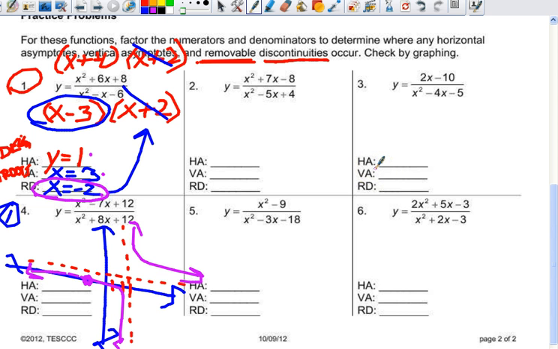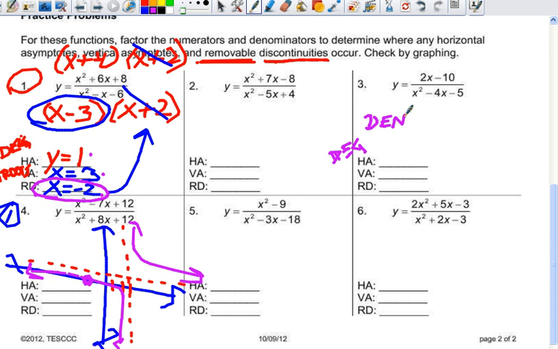We'll do the same thing. So number 3, we're determining horizontal asymptote. What do we look at? The degree, which is the powers, right? So are they the same? No. You only divide the leading coefficients when they're exactly the same.